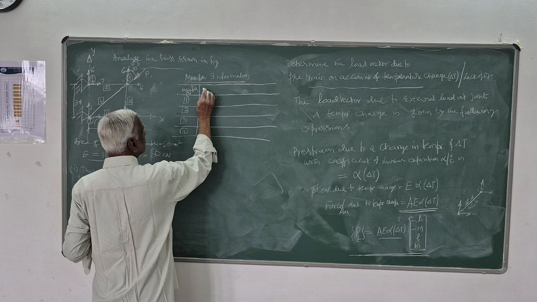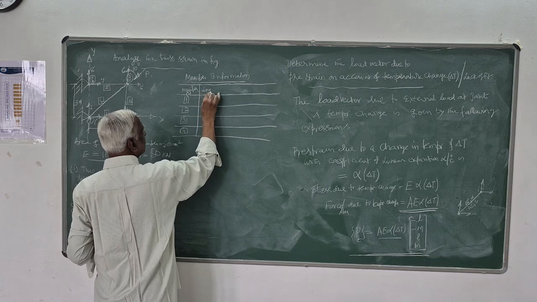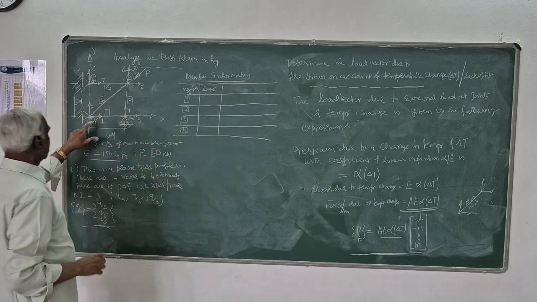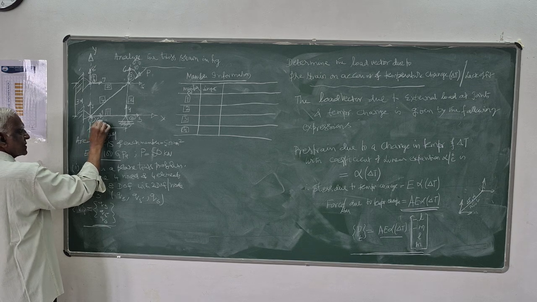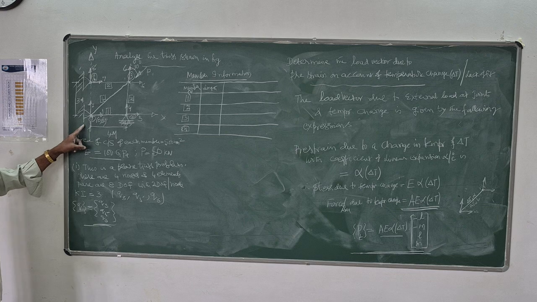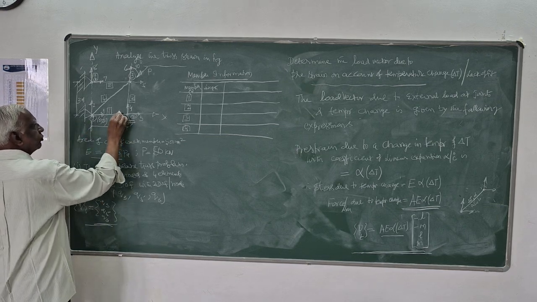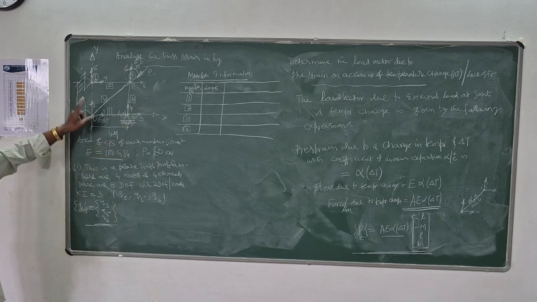Then the length of the member. Here you can write the coordinates with respect to this global coordinate system. Coordinate of 1 is 0, 0. Coordinate of 2 is 4, 0 because it is 4 meters.